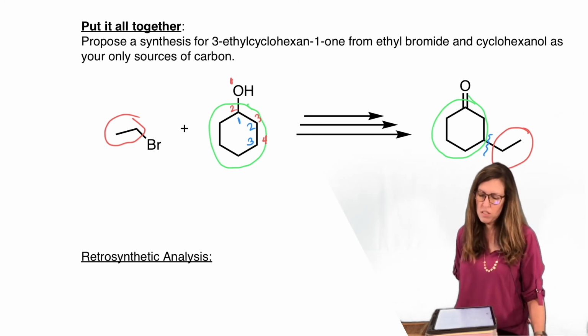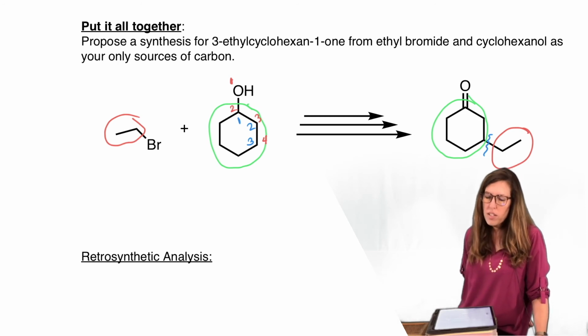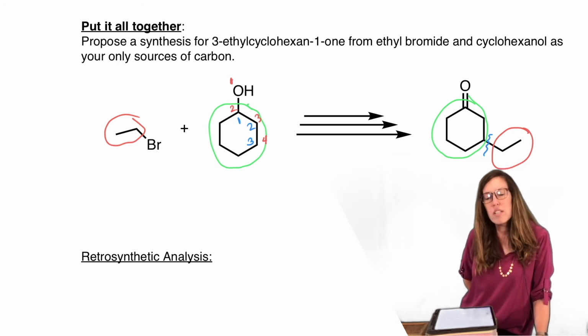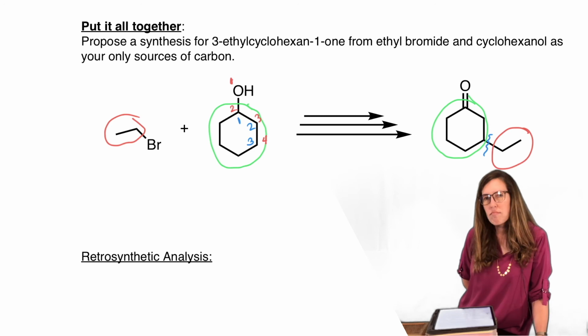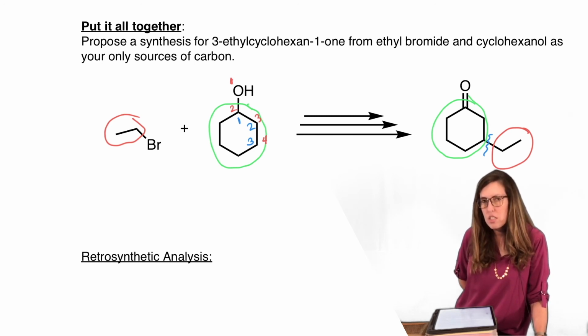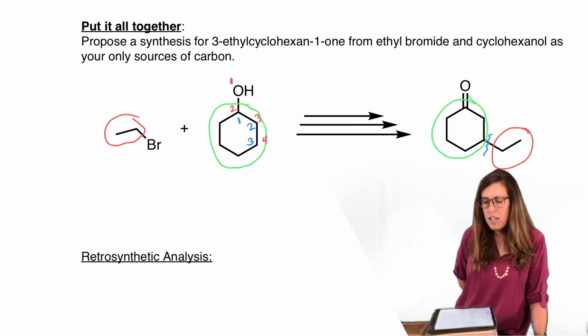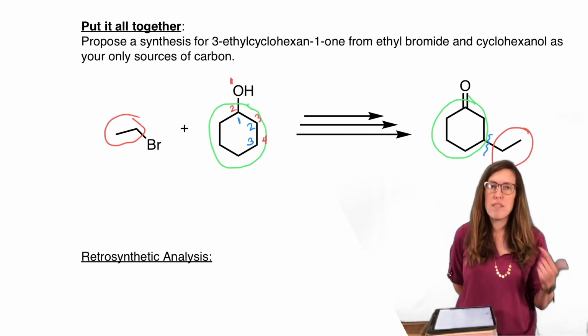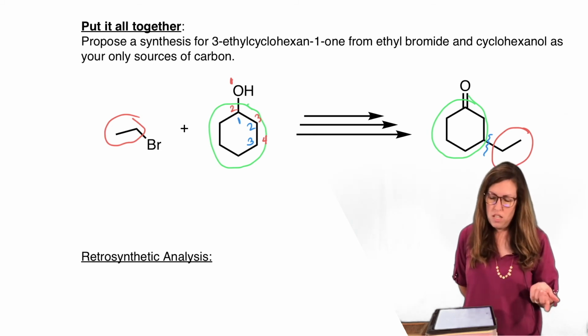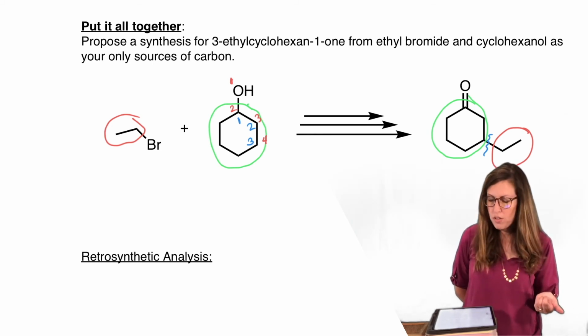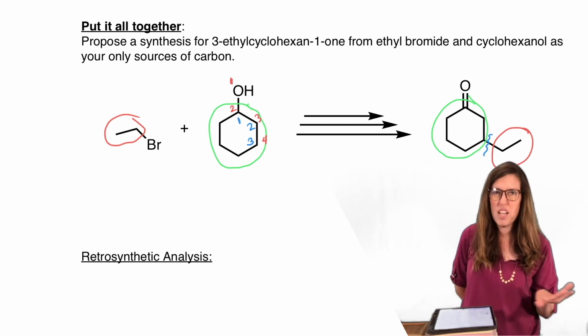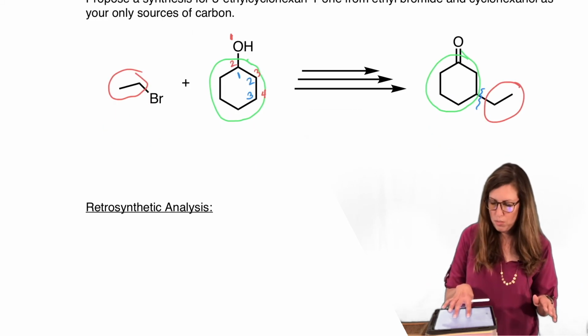That might give us a clue. Also, I noticed that the OH is not an OH anymore. It's a carbonyl. So we have to turn that OH into a carbonyl. And because we've been doing so many carbonyl reactions, there's a good chance we're going to use carbonyl-related chemistry. So we might want to do that really soon, because we know that alcohols have to be protected and they interfere with all kinds of reactions thanks to that proton.